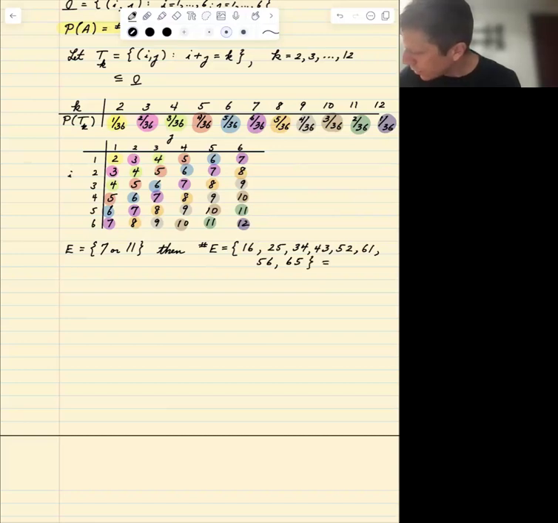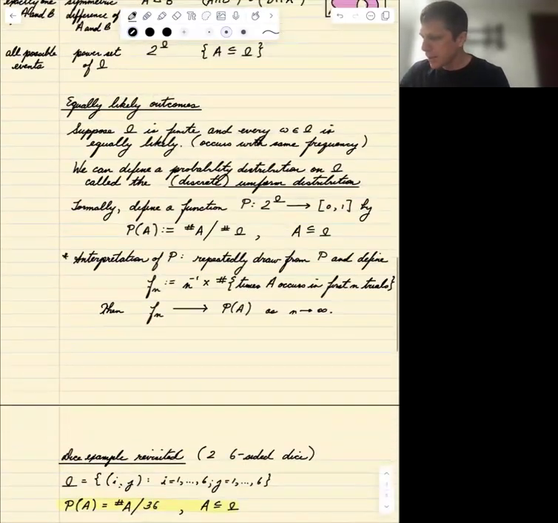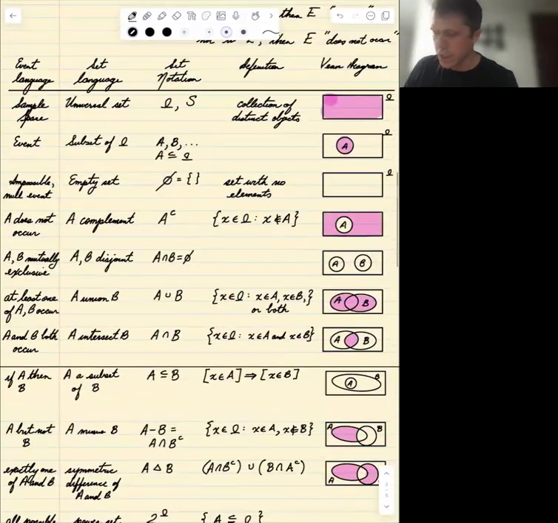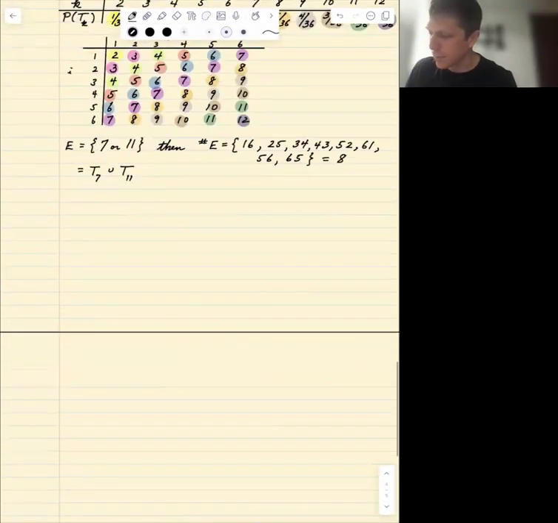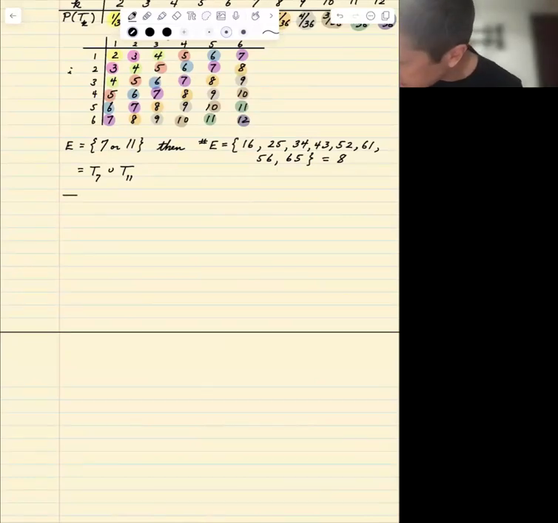That's 8 total possibilities. This event E can also be written as T sub 7 union T11, right? So in our set theory, this is the union of 2 events that we've already calculated the probability of. So what's interesting is that the probability of this event E is the probability of T7 union T11.